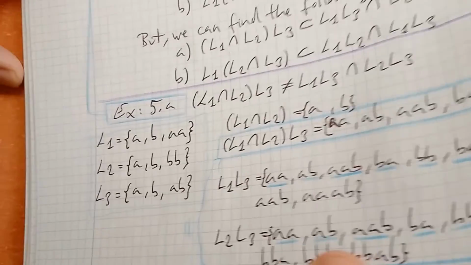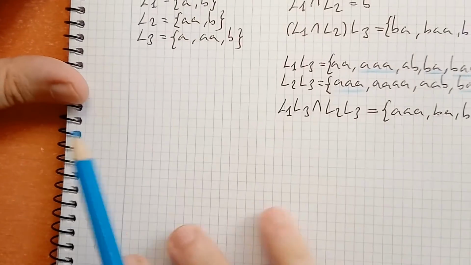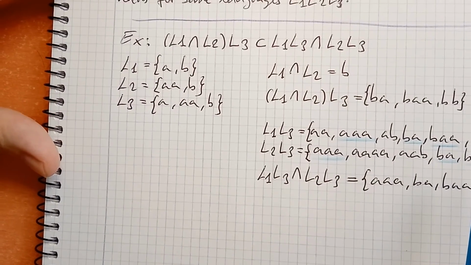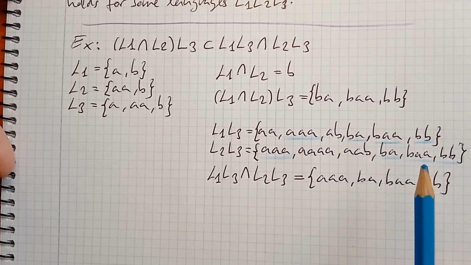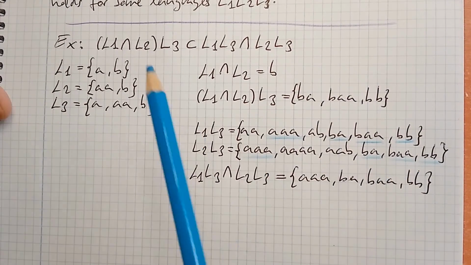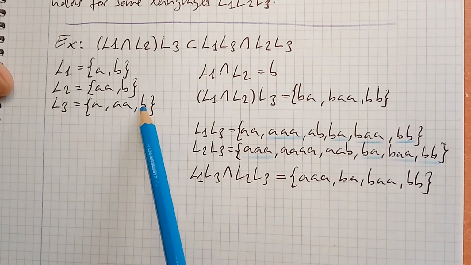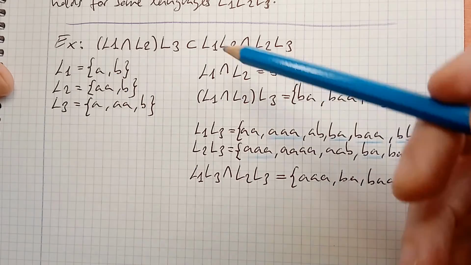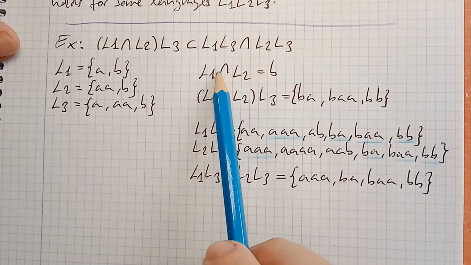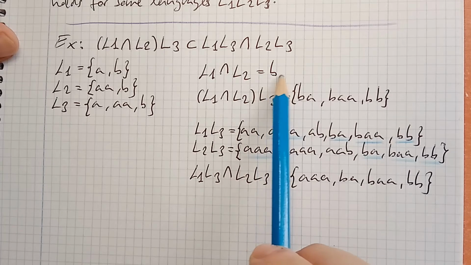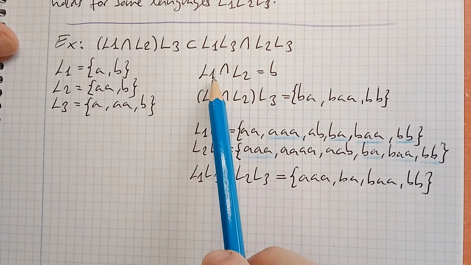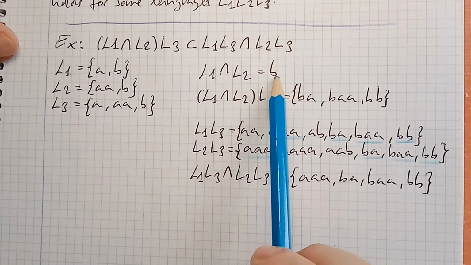Let's see an example. To the last language that we have seen, I've added a B. So, doing the same process, now we have a word in common between L1 and L2.